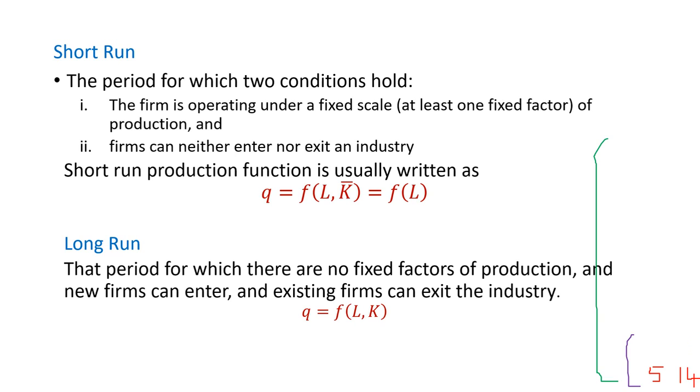In economics, we just keep an eye on the factors of production and look at whether, during the time period, there is any factor fixed or no factor fixed. When there is no fixed factor, it is long run, and if some important factors are held constant, then the period under study is short run.